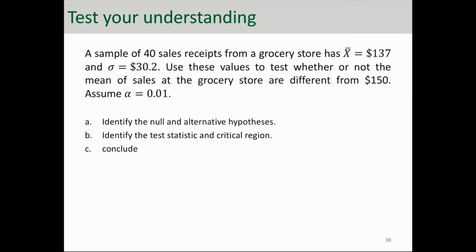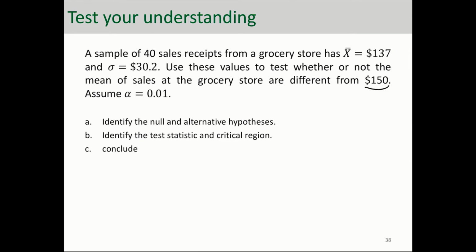So what this problem says is that we're trying to figure out if the average sales at the grocery store is equal to 150 or not. And that's our hypothesis.